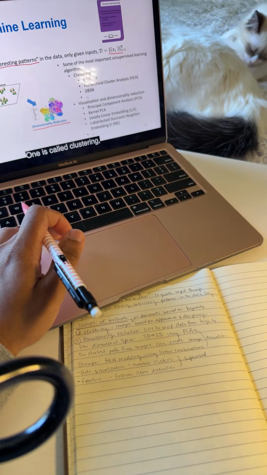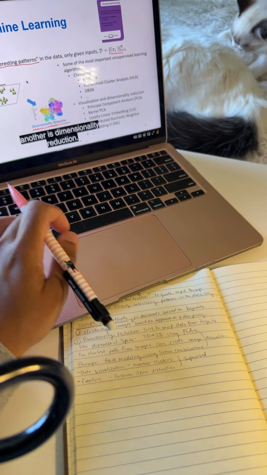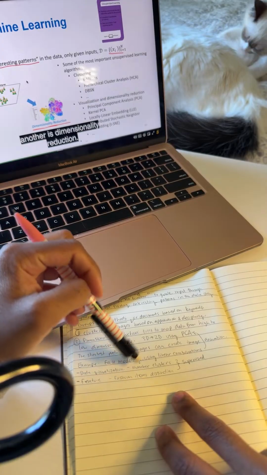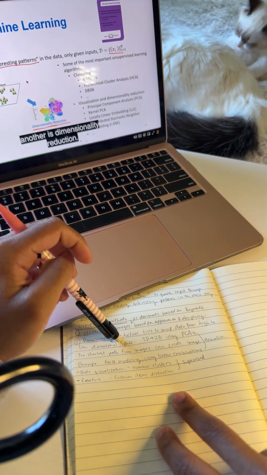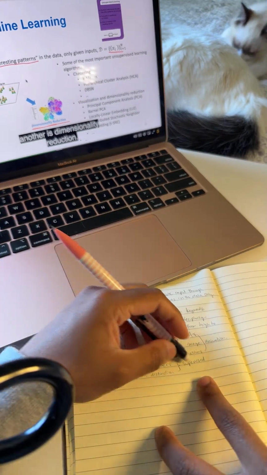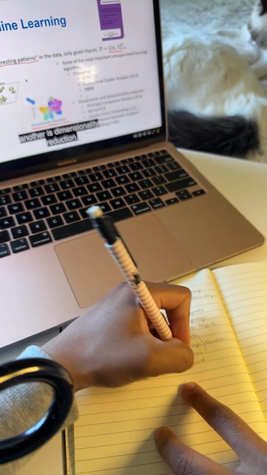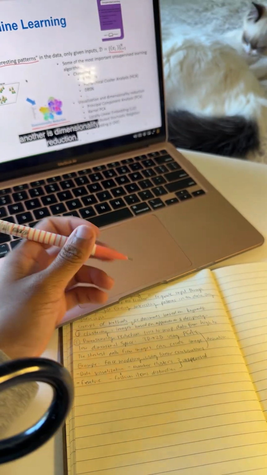One is called clustering, another is dimensional reduction. So these are unsupervised. So clustering and dimensional reduction. Unsupervised.